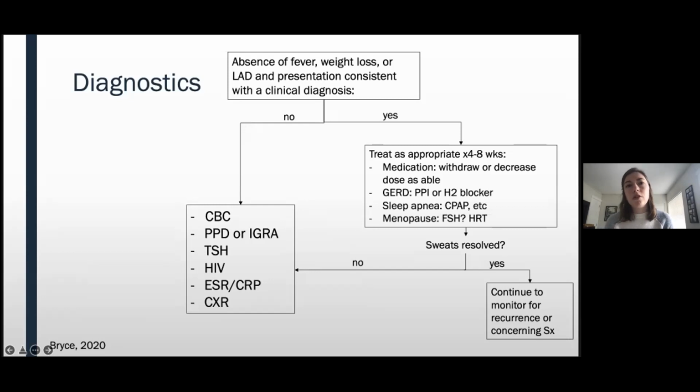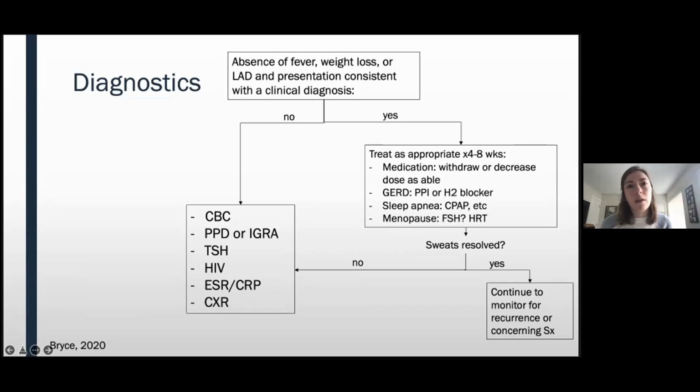So if the patient does not have any fever, weight loss, or lymphadenopathy, and they have a presentation that could be consistent with one of these less scary clinical diagnoses that we talked about, you can trial treating that condition as appropriate for a month or two and see if that improves their symptoms. For example, if they don't have any of those red flag signs and they're on a medication that you think could be causing it, you can try withdrawing that medication, substituting it with something else, or decreasing the dose.